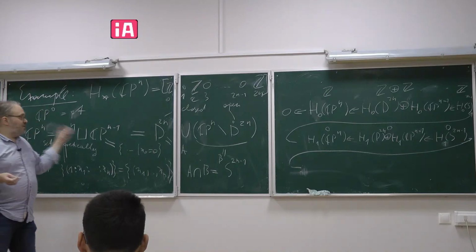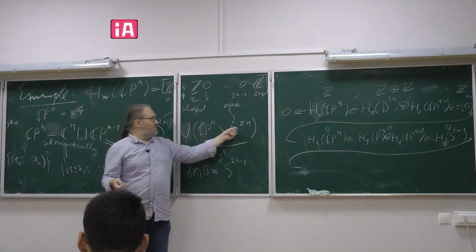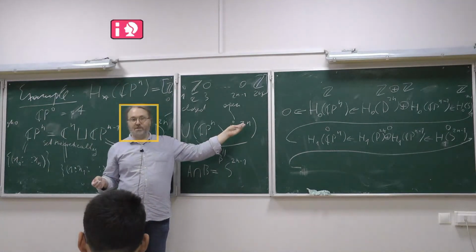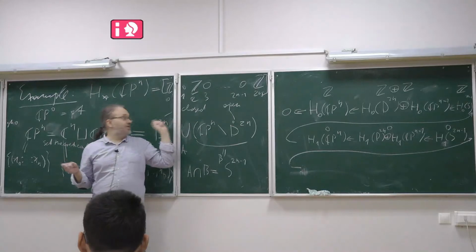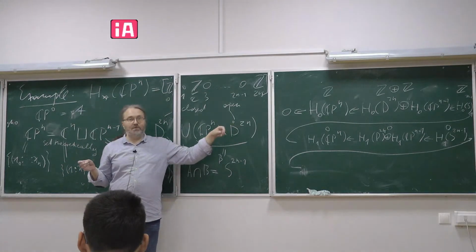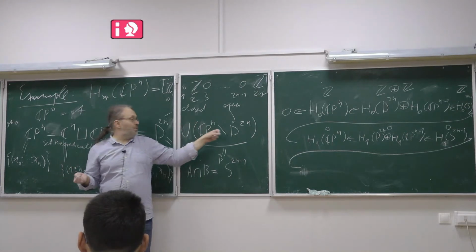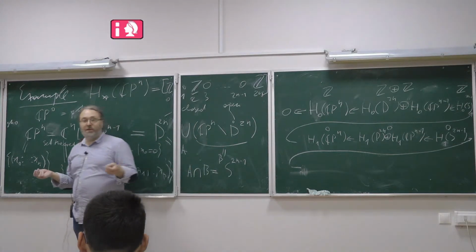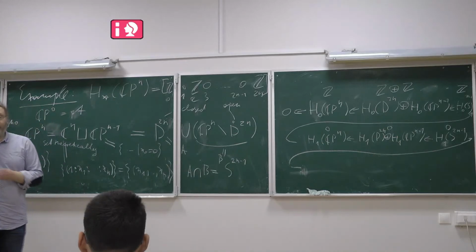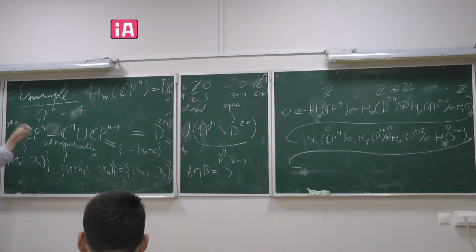So we have CPn minus the open unit disk. And we want to construct a deformation retraction of this thing onto the hyperplane at infinity. Each element of the hyperplane at infinity goes to itself.